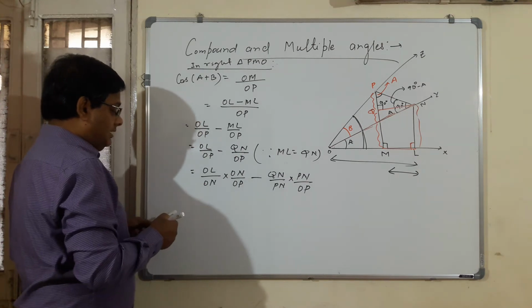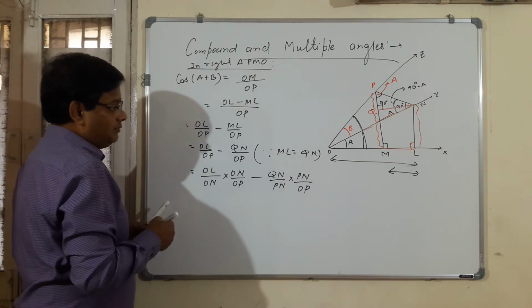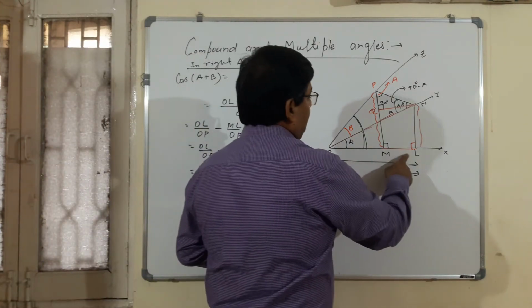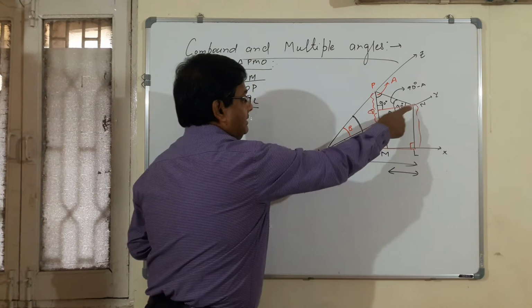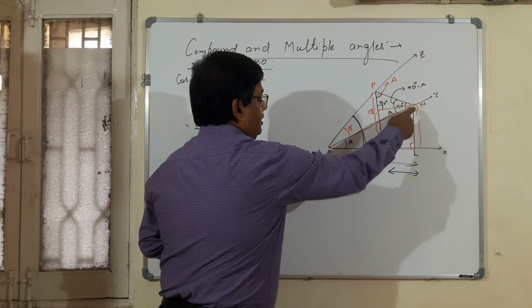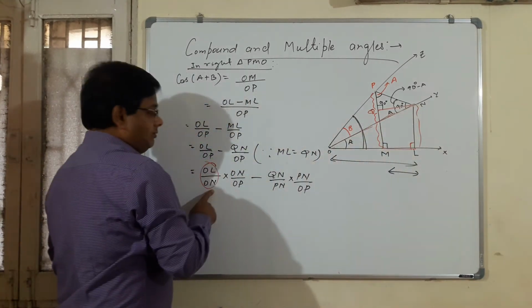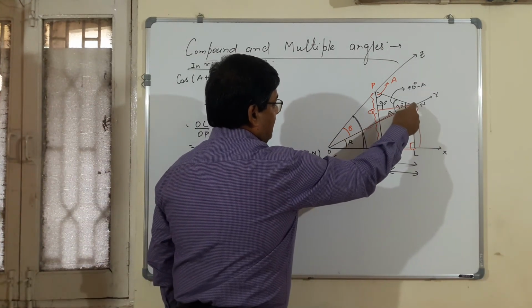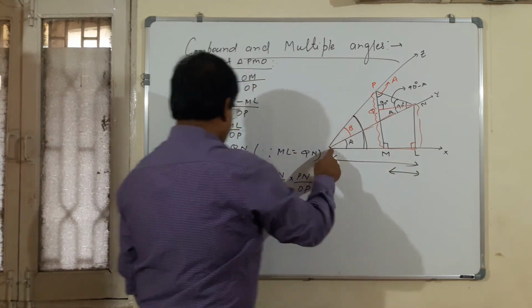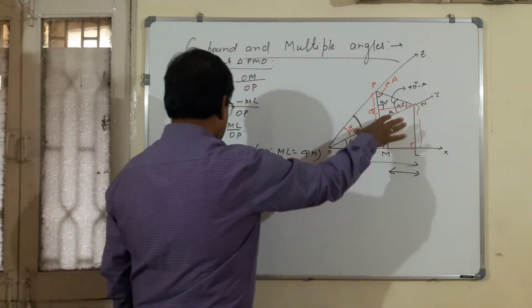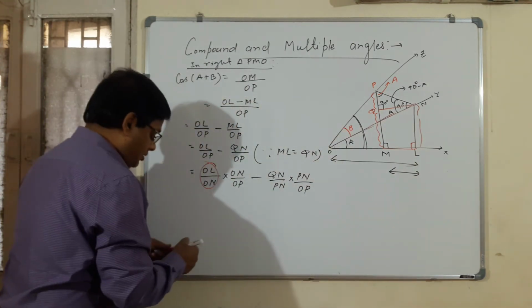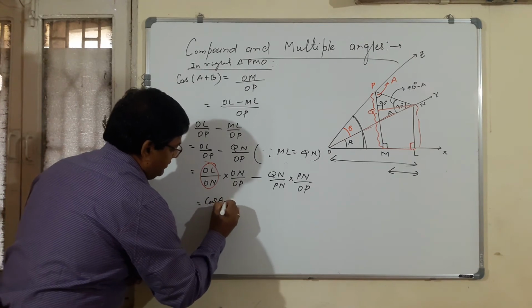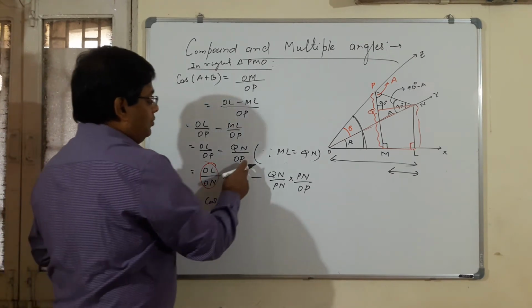Now I am going to write here OL over ON. So this is a triangle. In right triangle NLO, OL divided by ON is cos A. So here this is cos A into ON over OP.